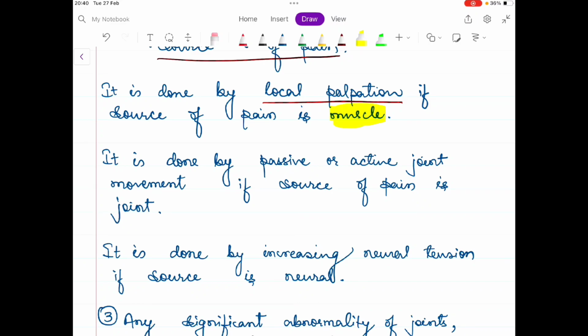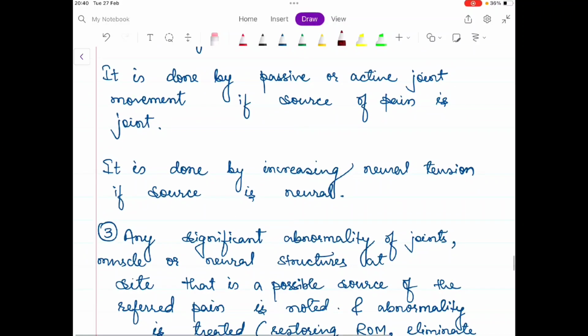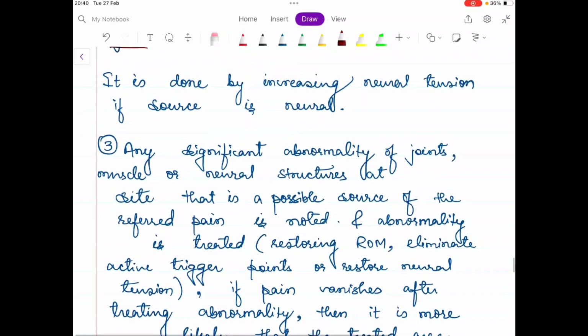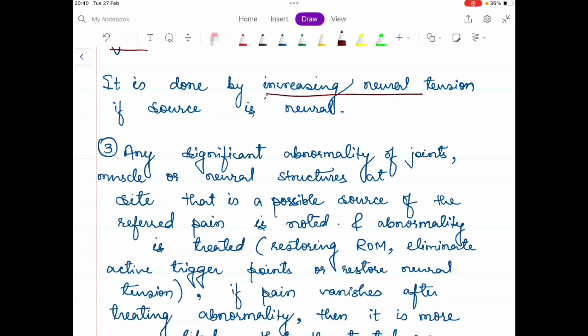It is done by passive or active joint movement if the source of pain is joint. So these are the assessing methods. And it is done by increasing neural tension if the source is neural structures. We have already discussed the special tests or the neural tension tests.